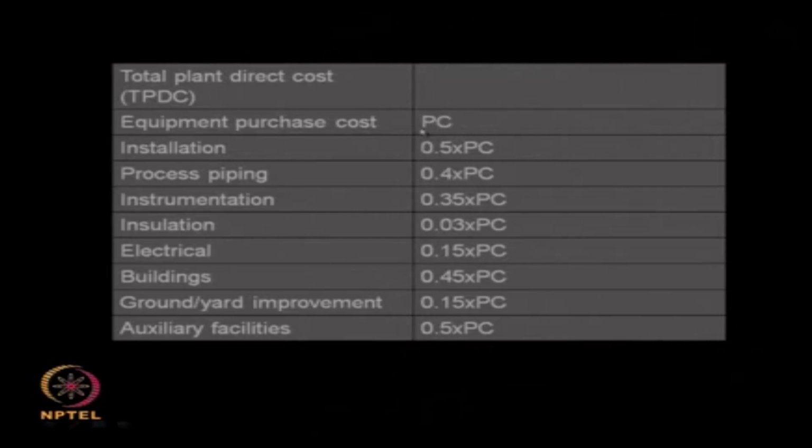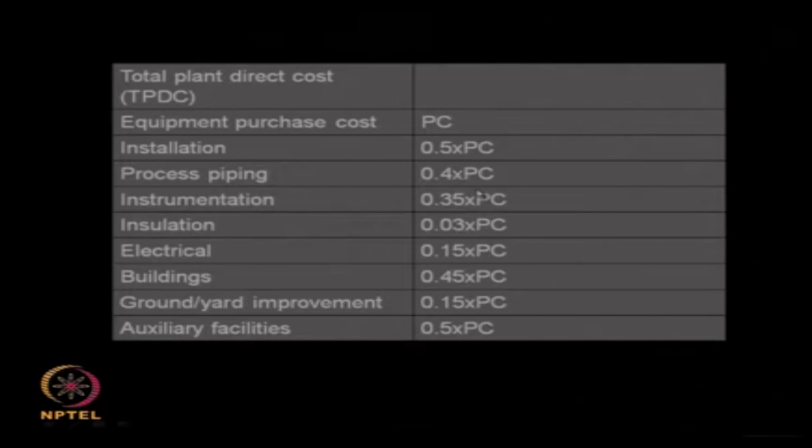About 50% of the equipment cost is needed for installing the equipment. Then you need about 40% of the equipment cost for piping. You are talking about different types of piping: hot water line, steam line, cooling water line, inlet feed line, outlet product line, all of these are called piping. So a large amount of money is needed for that.